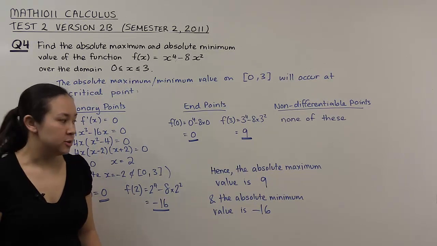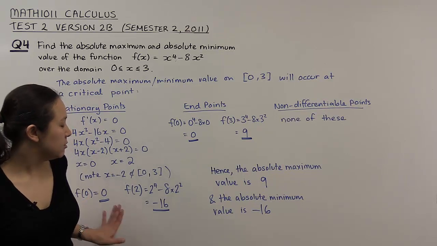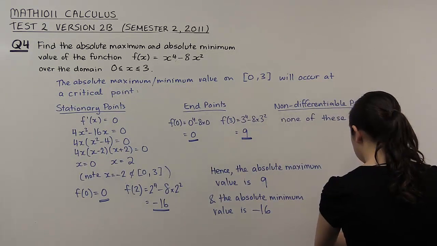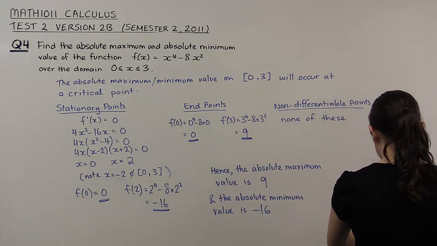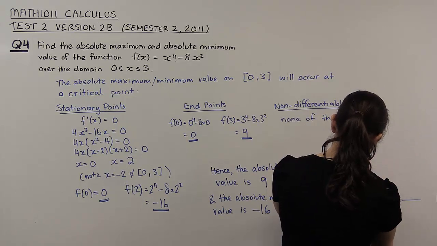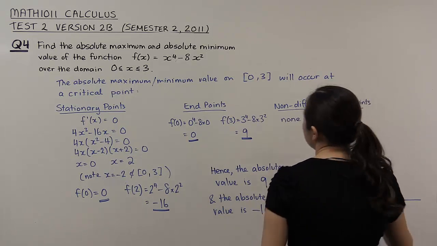Let's just put that onto a sketch to see where all these fit together and what's really happening. So we will just quickly sketch y equals f of x here.